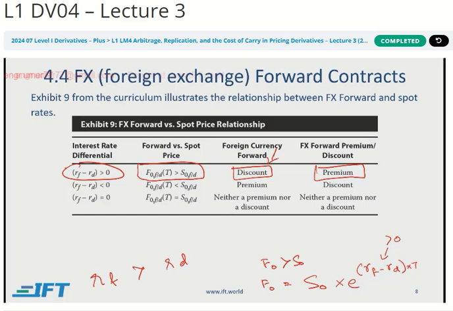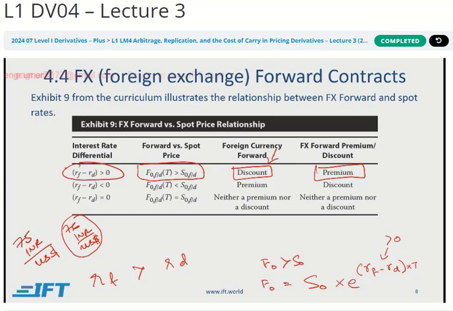For example, if you're watching this from India, and 75 Indian rupees to $1 becomes 76 Indian rupees to $1, you might think that's a good thing, because the number went from 75 to 76. No, it's not a good thing. It's a bad thing because the Indian rupee became weak. For $1 you could get 75, now you can get 76.